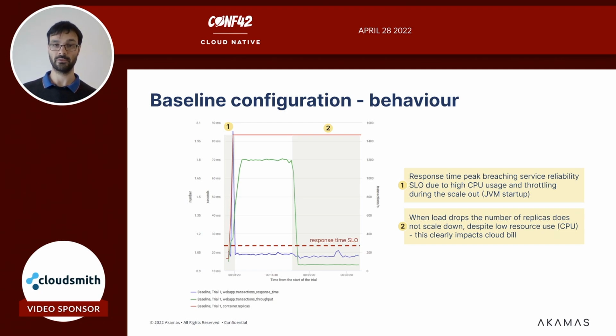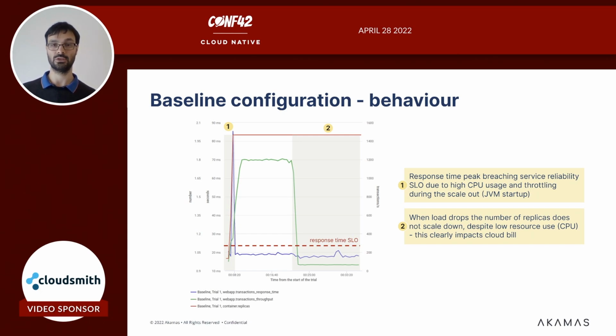When the load drops, the number of replicas does not scale down, despite the container CPU usage being idle. It's interesting to understand why this is happening. This is caused by the configuration of the container resources, the JVM running inside, and the autoscaler policies, in particular for the memory resource. The autoscaler in this case is not scaling down because the memory usage of the container is higher than the configured threshold of 70% usage with respect to the memory requests.